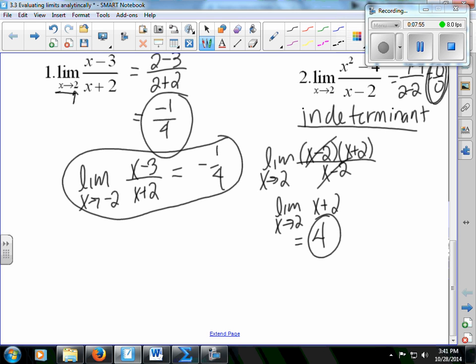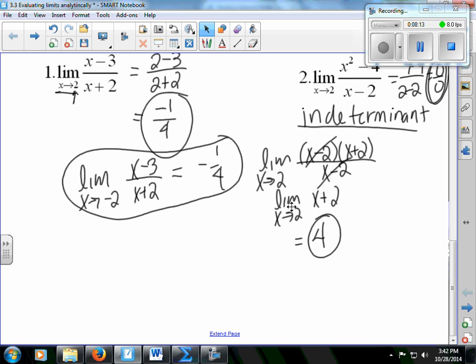Okay, so some of you might be a little concerned about the fact that I'm writing a lot of information, but I'm not writing too much information. What I have written here is limit as x approaches 2 of the function, and then I canceled and I wrote limit as x approaches 2 of the function, and then I plugged in and I stopped writing limit as x approaches 2.